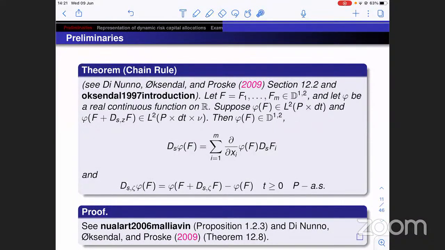So if you visit this reference here by Øksendal and Frank Proske, and also if you have in the audience, I'm not sure whether Olivier Pamen and Farai Mhlanga are here.